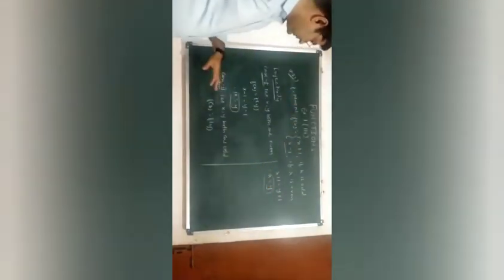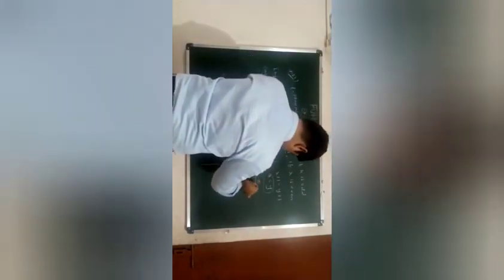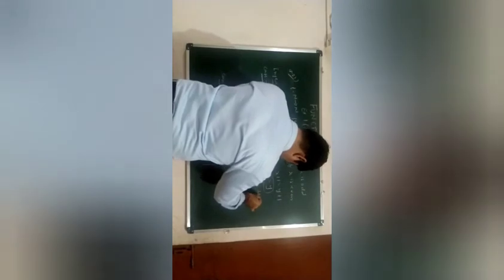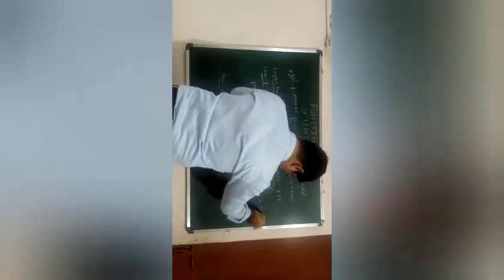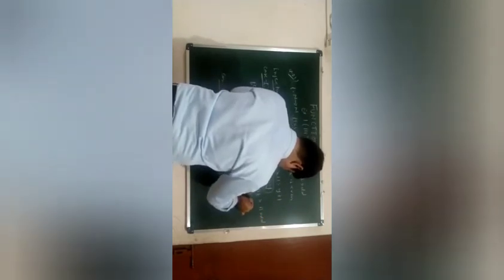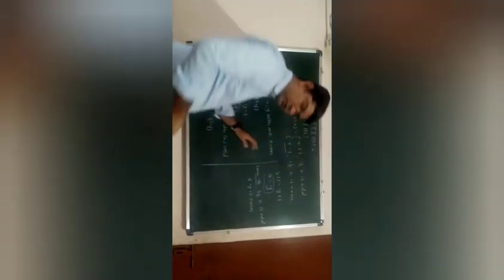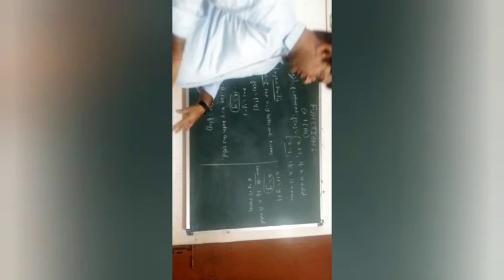Okay, and the third case, case 3: if x is odd and y is even, or the reverse of that, x is even, y is odd.